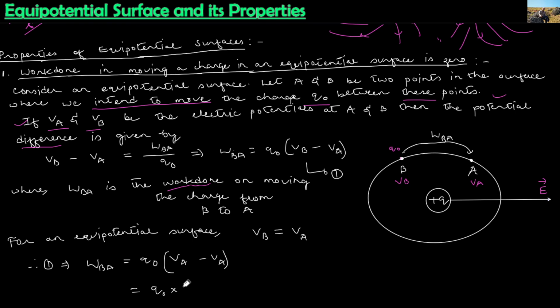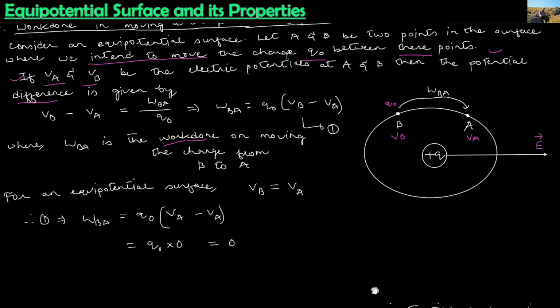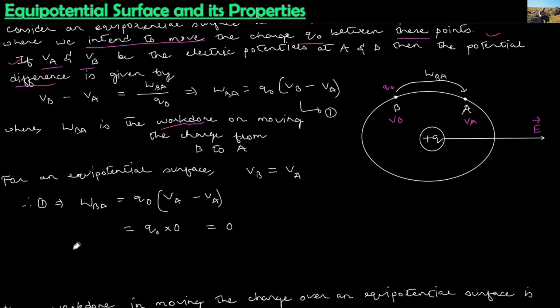So it will be Q naught into 0, which gives us 0. Physically this means that the work done in moving the small test charge from point A up to point B will be 0, which means that the work done in moving a charge over an equipotential surface will always be 0.